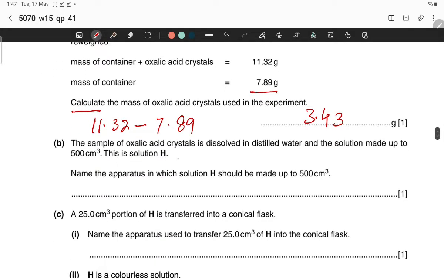The sample of oxalic acid crystal is dissolved in distilled water and the solution made up to 500 centimeter cube. This is solution H. Name the apparatus in which solution H should be made up to 500 centimeter cube. This is volumetric flask.